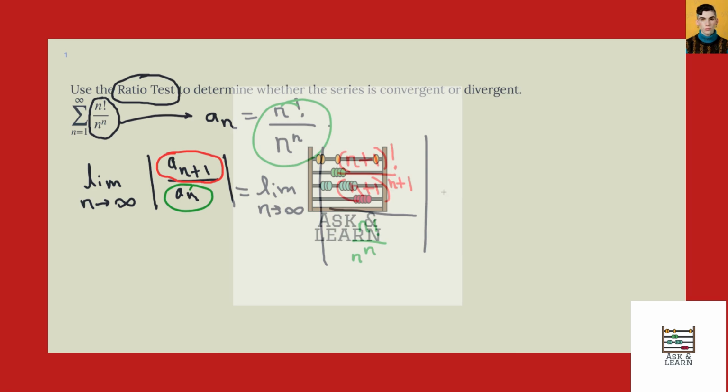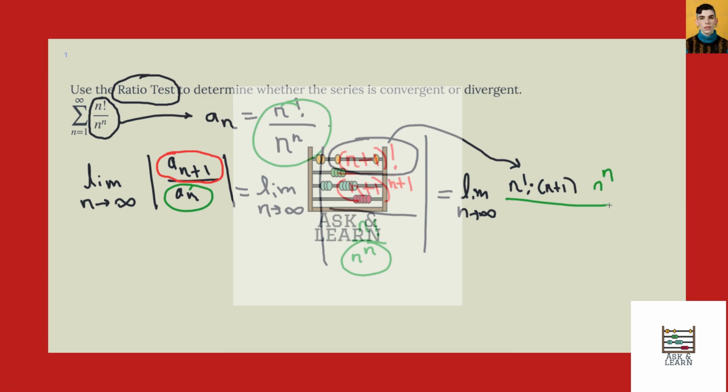So now let's go ahead and simplify this. Let me rewrite this (n plus 1) factorial as n factorial times (n plus 1). And then I'll also have this n to the n power. Then I'll have this term here.